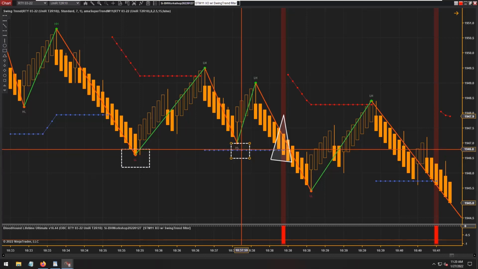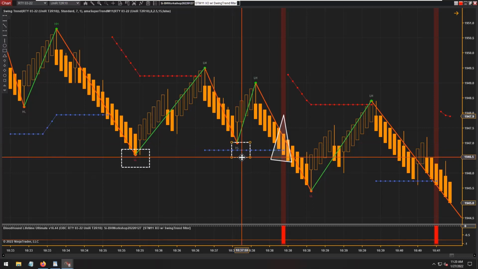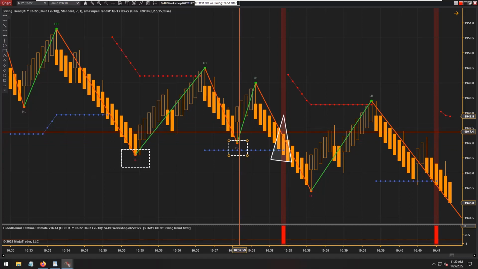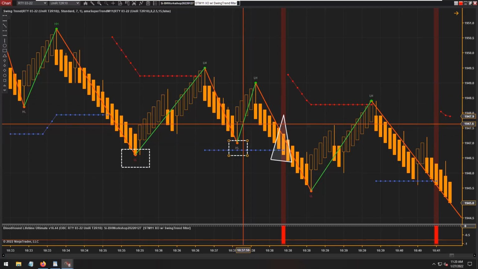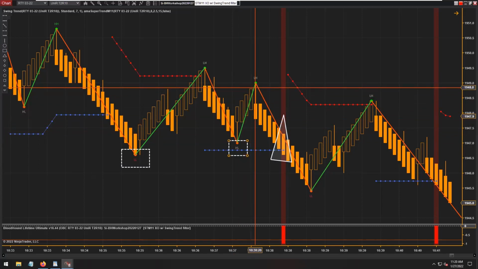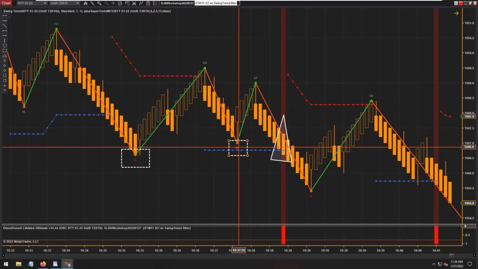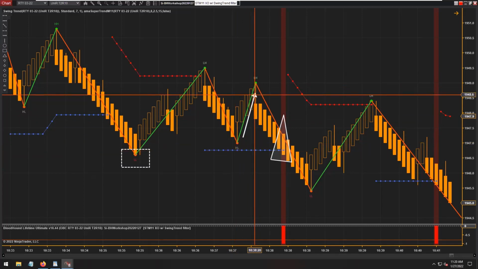So we do need to know when these higher lows get locked in, right? And when the higher low gets locked in, it's when the swing reverses up. So when the zigzag line starts drawing upward, that's when these higher lows get locked in.